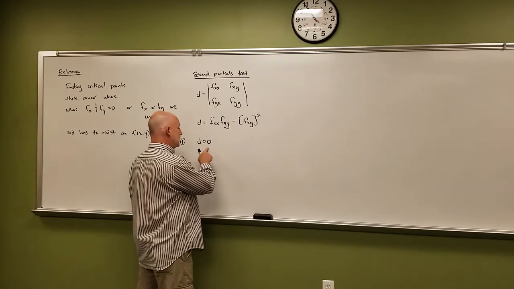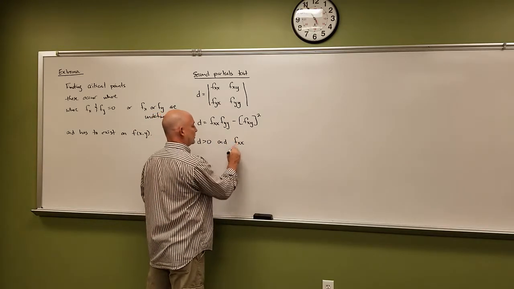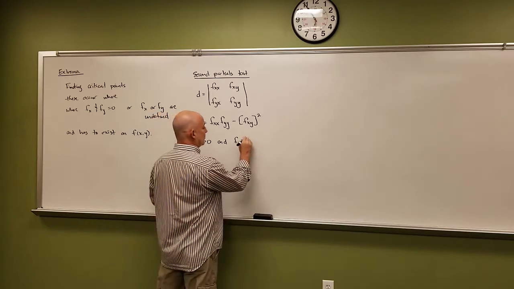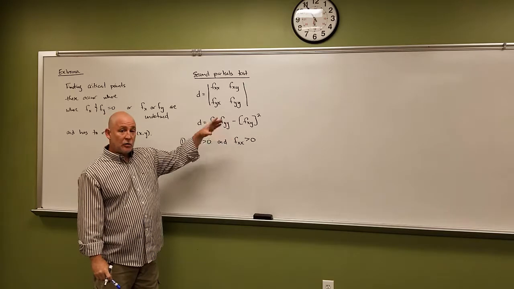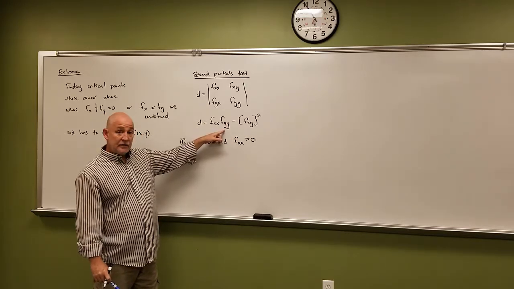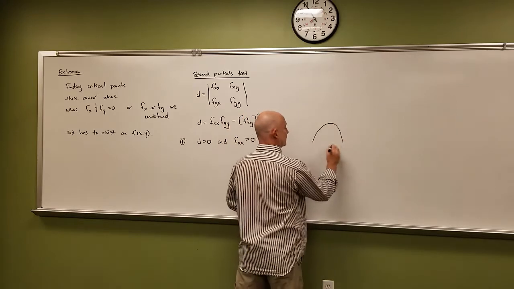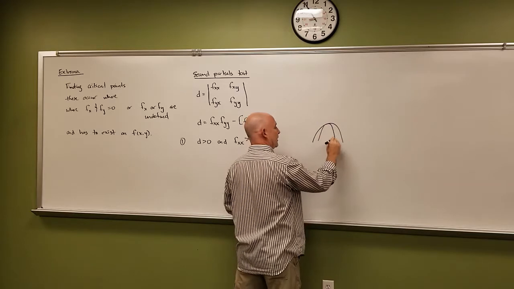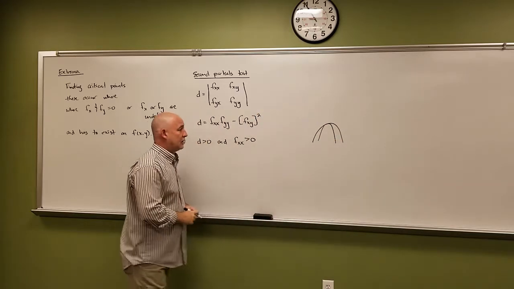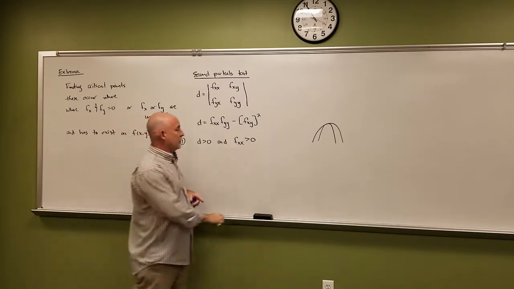If d is greater than 0 and, I'll do what your book does, f sub xx is greater than 0, that means the concavity in the x direction and in the y direction is... I'm sorry, I said greater than 0 here.